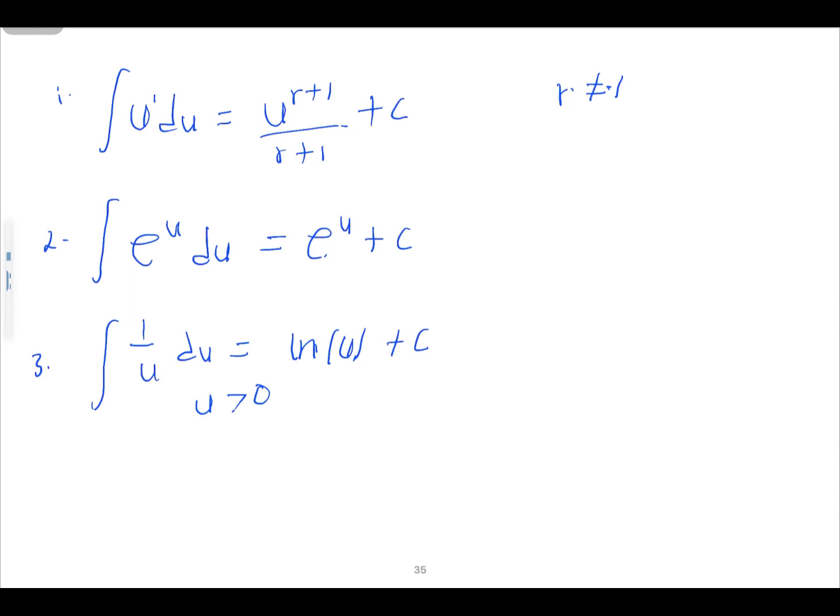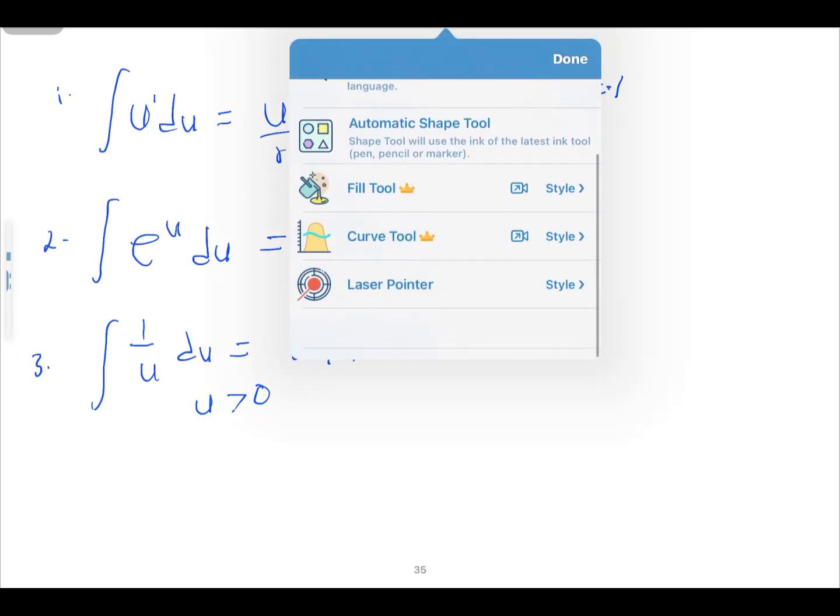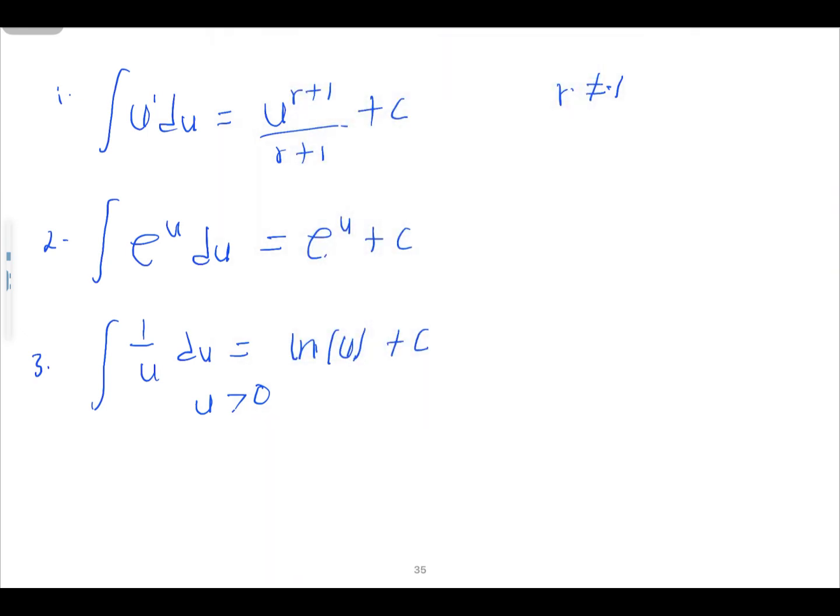So basically, based on these formulas, we can say that the variable u represents a more complicated expression in terms of x.